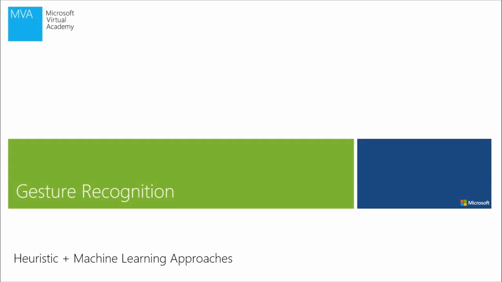We're going to talk about gesture recognition. Once again, now that we've been able to record and play back things, your application wants to understand when there's a certain pose or a certain gesture that's performed by your users. There's two major approaches there, heuristic and machine learning approaches.